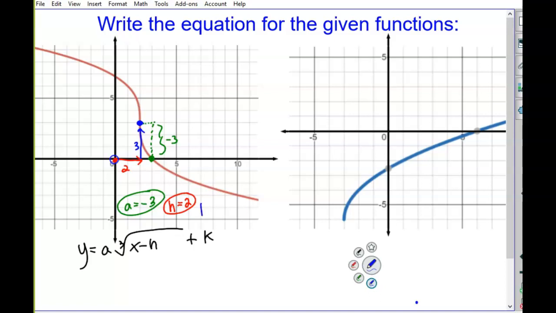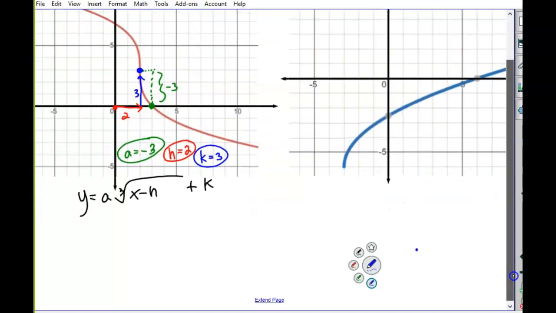Now, pure coincidence, I just want to make sure that this is noted. The a value and the k value are not always the same. All right? In terms of 3 and 3. That's just a pure coincidence that a is 3 and k is 3.